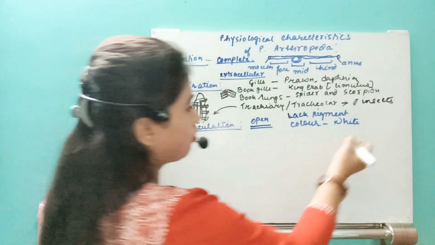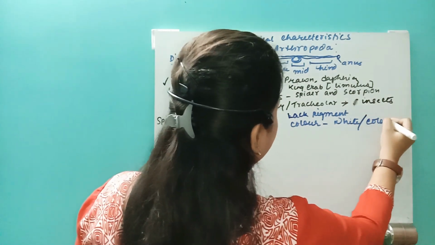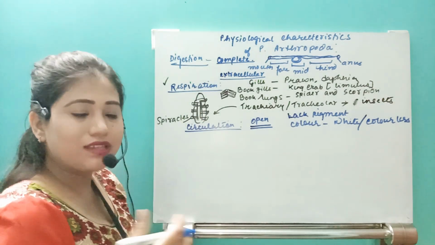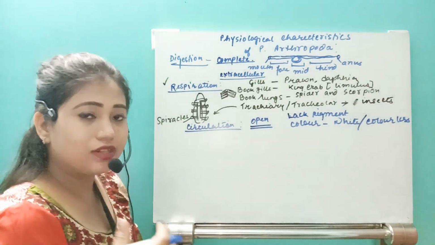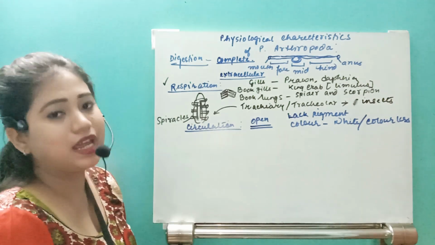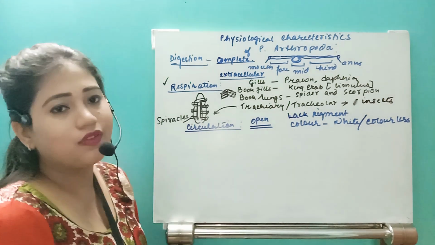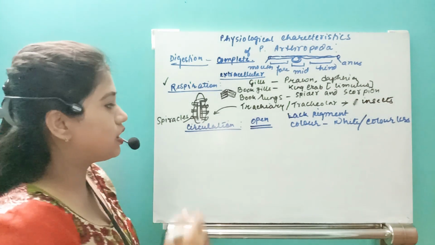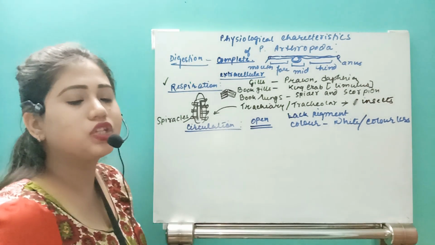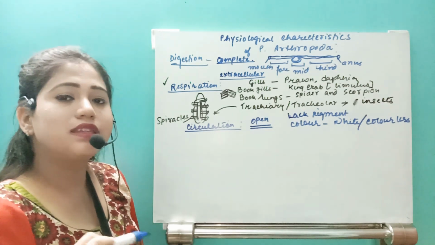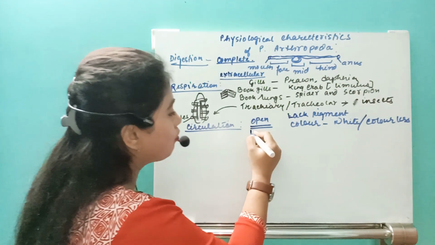So this organism will have a relatively less developed circulatory system, and to adapt to that, they have a very well developed respiratory system. Circulation is open type where blood vessels are absent, and blood is simply flowing in the hemocoel.